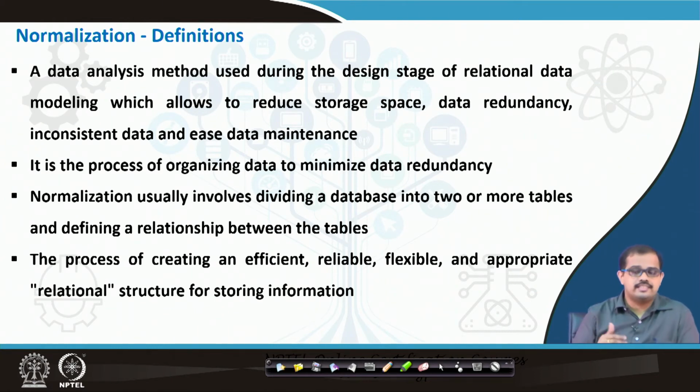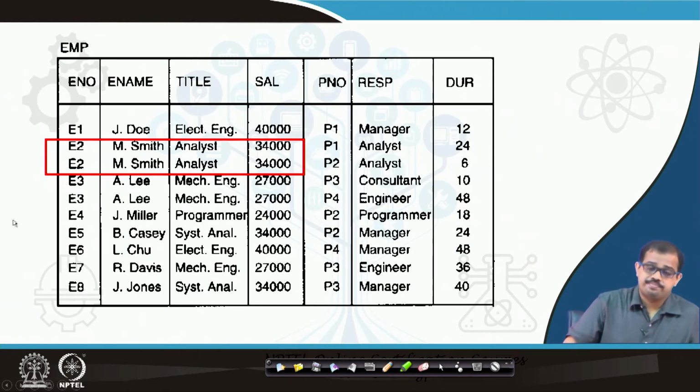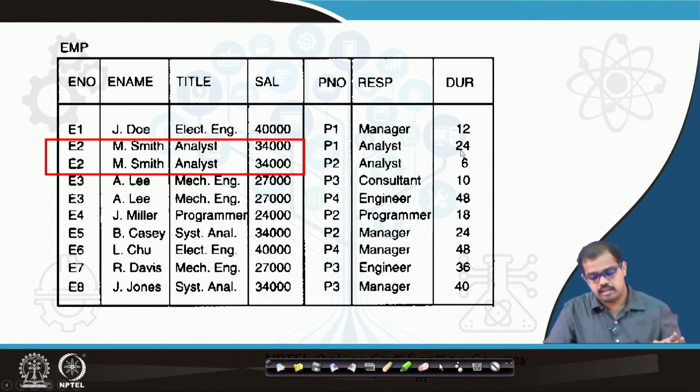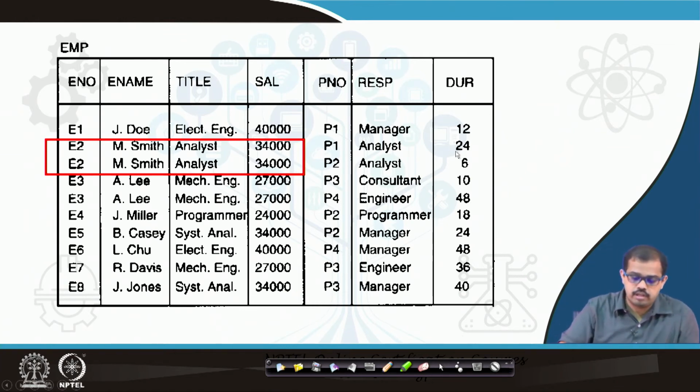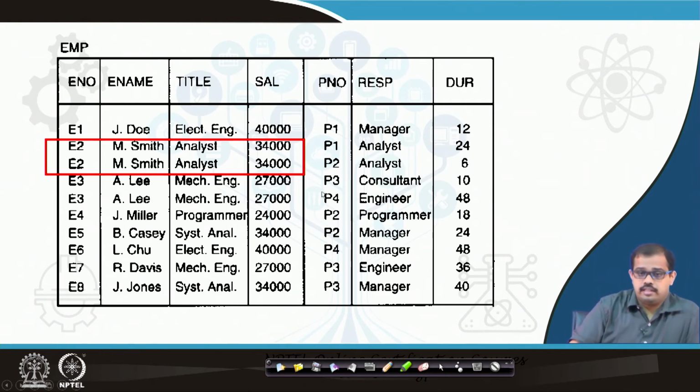When I say redundancy, let me see if I have an example here. For example, this is a table which defines the name of an employee and how many hours he has worked. Maybe they have two cases, a case P1 and a case P2. He has worked 24 hours in the case P1 and 6 hours in the case P2.